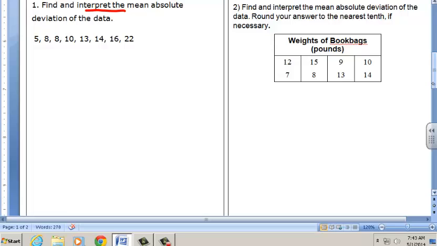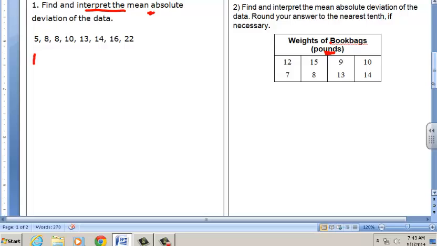It's not enough that you find the answer. What does that number mean? And also, don't forget the units. In problem 1, there are no units, but in problem 2, there is a unit. They're talking about the weight of books in pounds. We'll go to that in a minute, but you have to include what that number means. All right, let's do the first one.